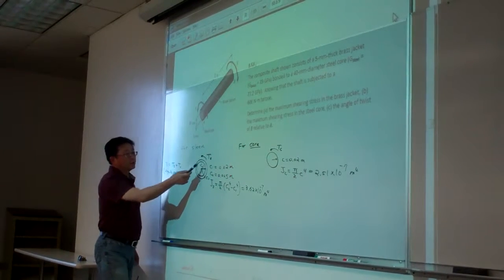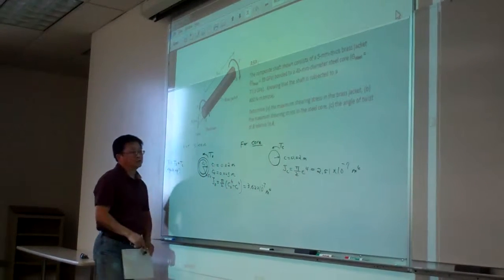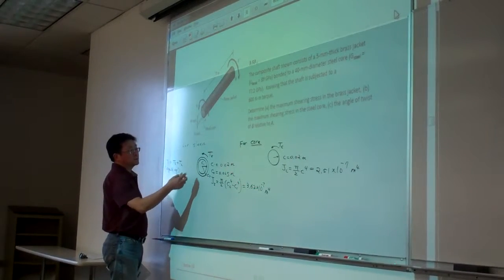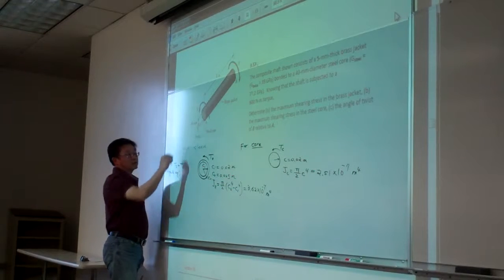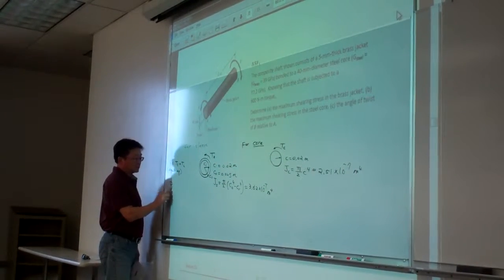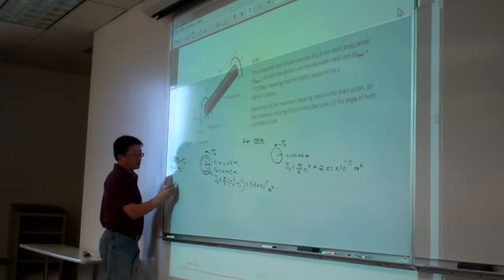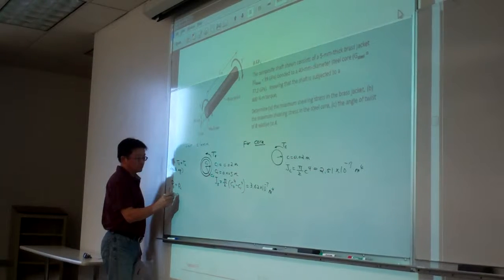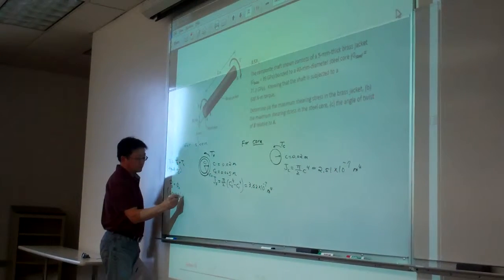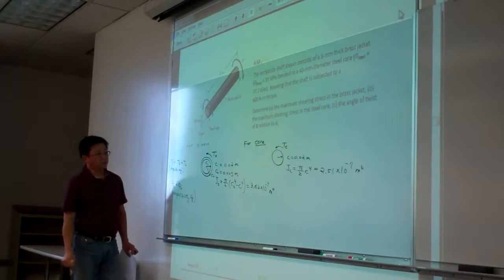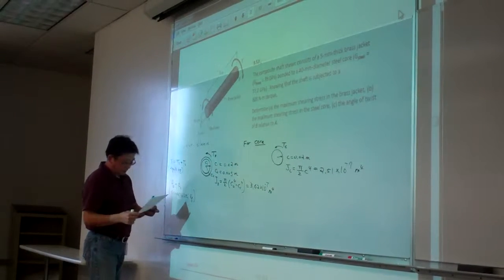Now we don't know the values of TC and TS, but we try to find them. The compatibility equation is this: they both rotate through the same angle, so the twist angle phi S must be equal to phi C. This is our compatibility. From here we can get some information.